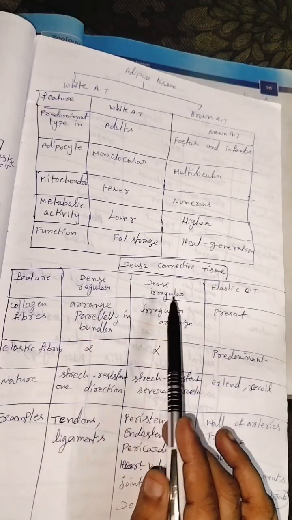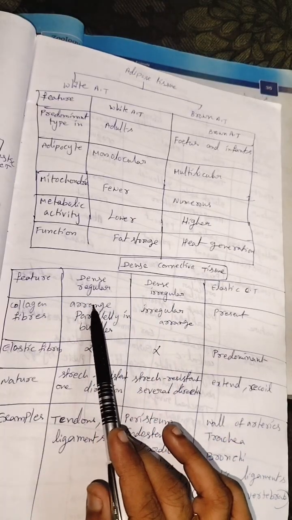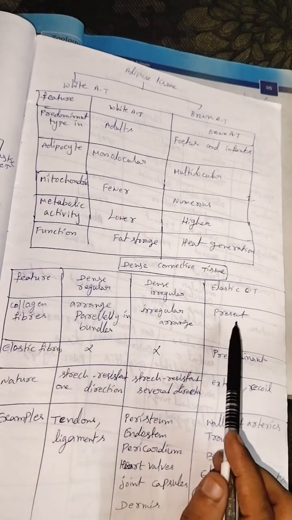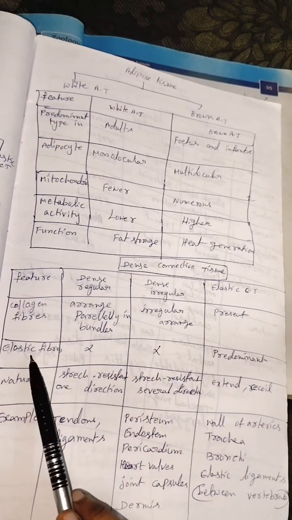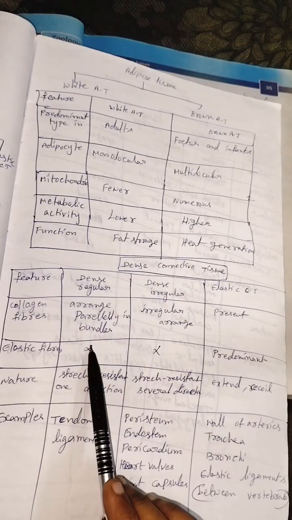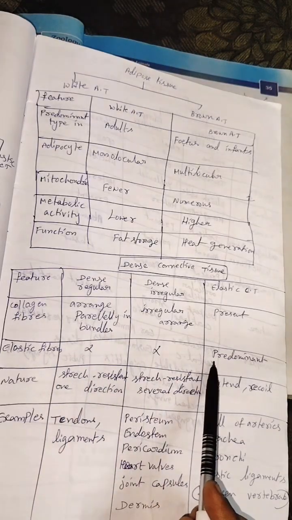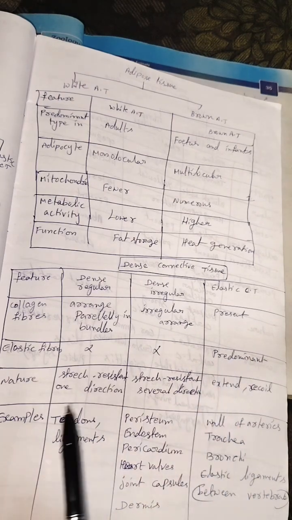Collagen fibers are present in all, but elastic fibers are absent in both regular and irregular, and predominant in elastic connective tissue.